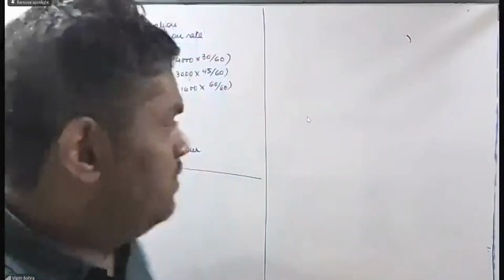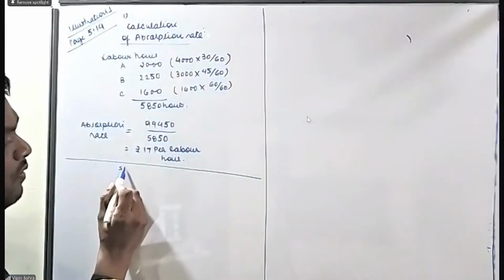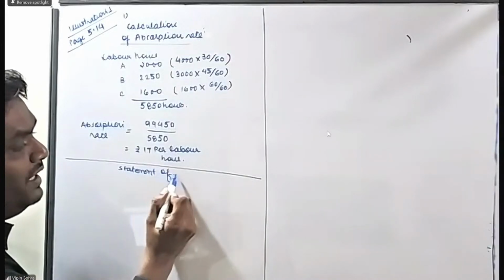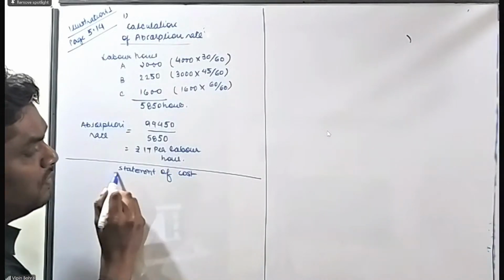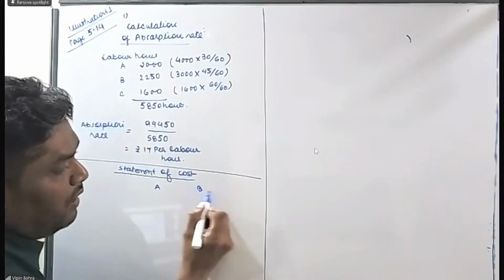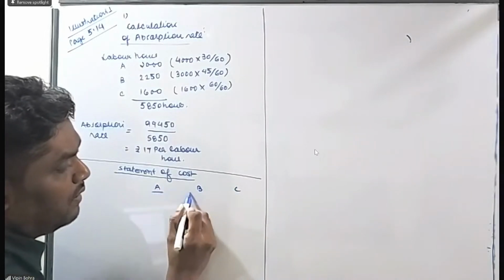So let's start with this part, guys. Statement of cost. There are three products A, B, and C.